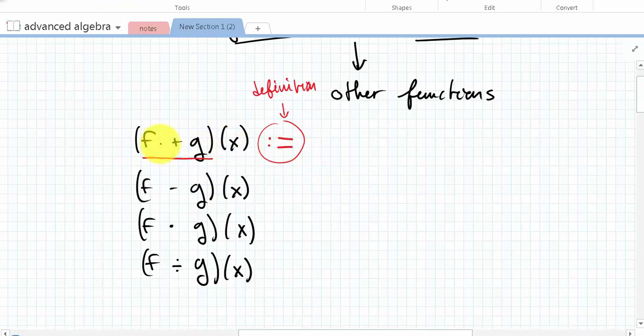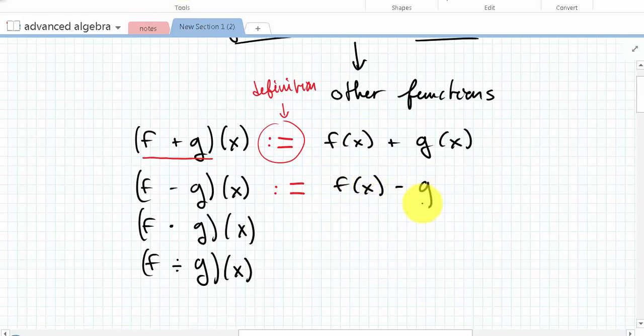So how do we define the sum of two functions? This is called the function sum, or the sum function. It's simple. You just add the output of each function, right? So the output of a sum is the sum of the outputs. The output of a difference is a difference of outputs. Again, very simple.